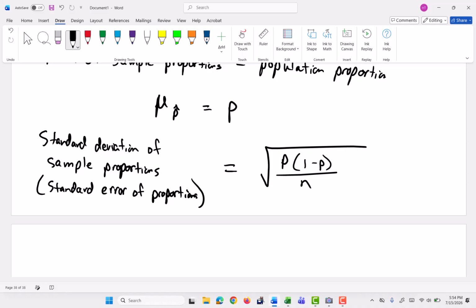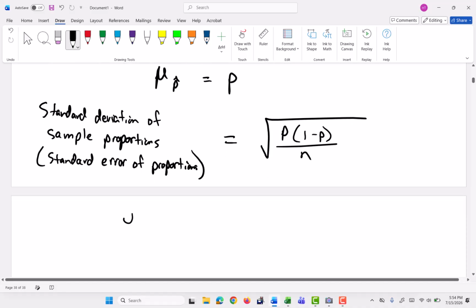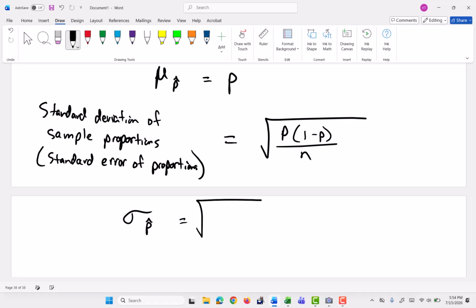That's all in the square root. So the standard deviation sigma of the p hats, of the sample proportion, equals the square root of p times 1 minus p over n.